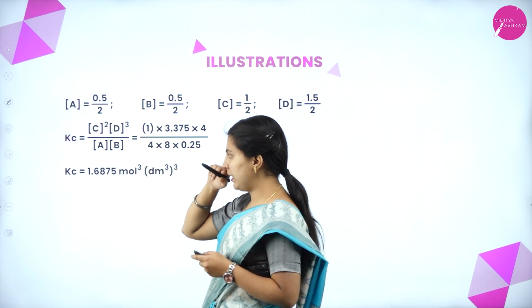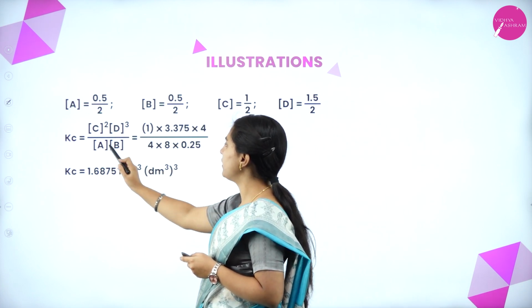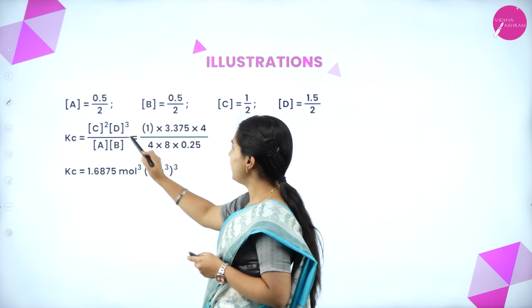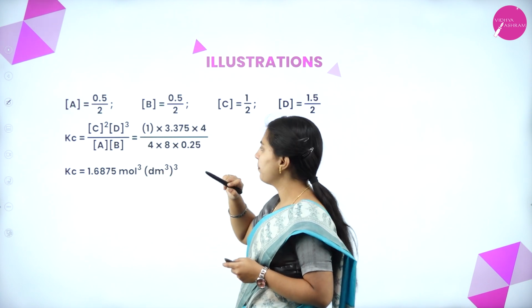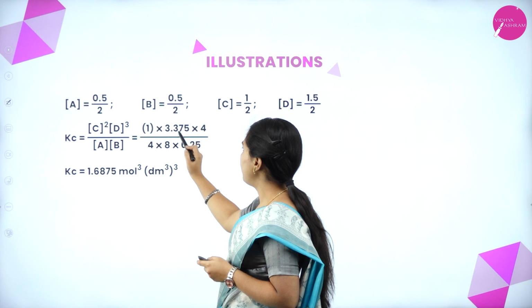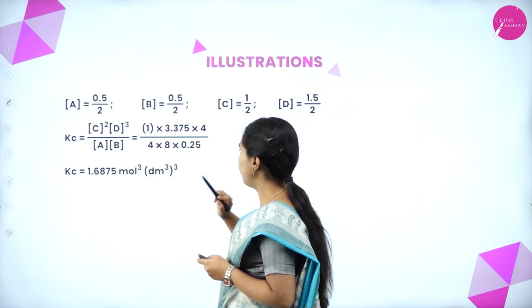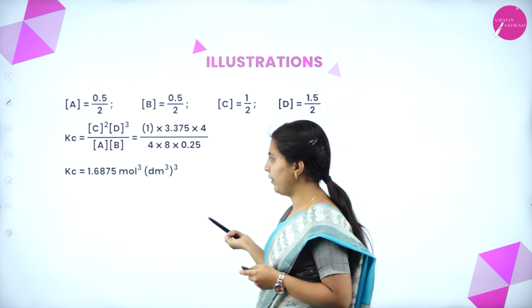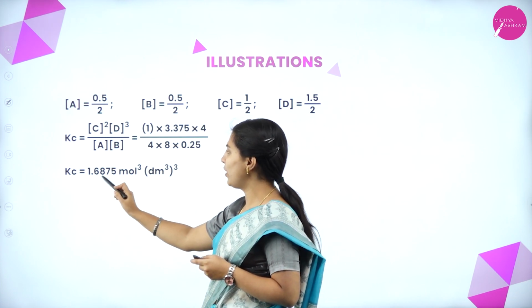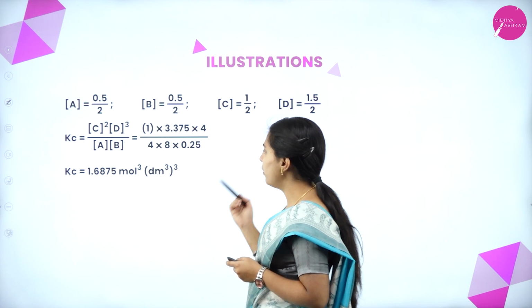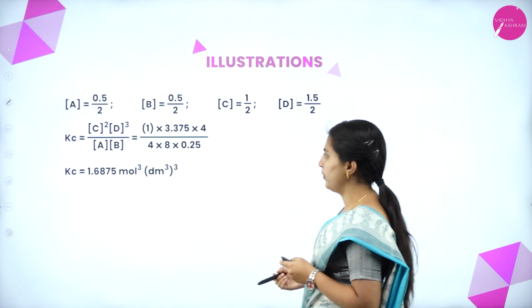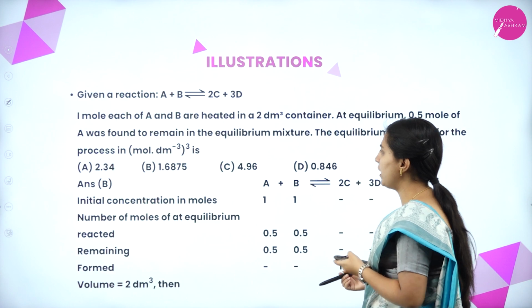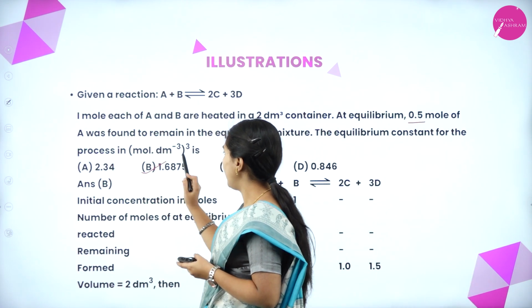These are the moles they have written, and 1 into 3.375 into 4, 4 into 8 into 0.25. The equilibrium constant is 1.6875 mole per dm cube. So what will be the answer? B will be the answer.